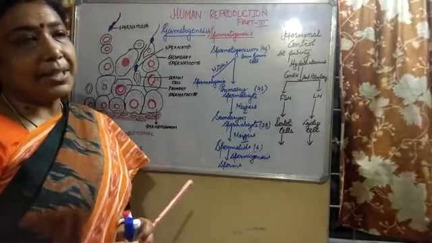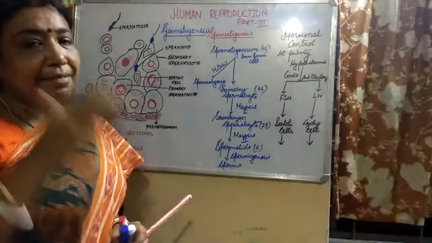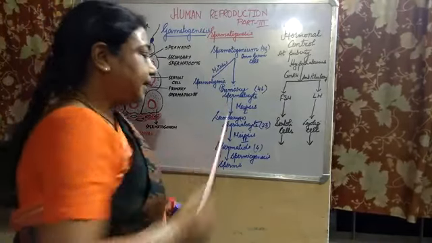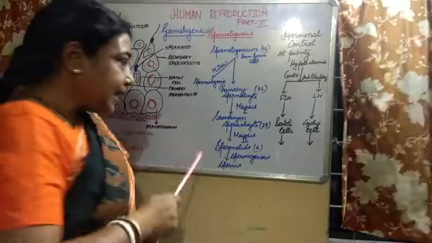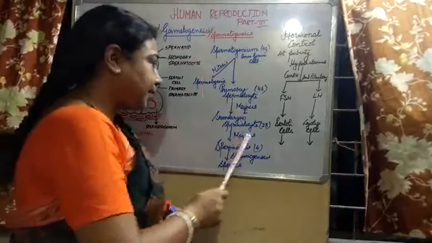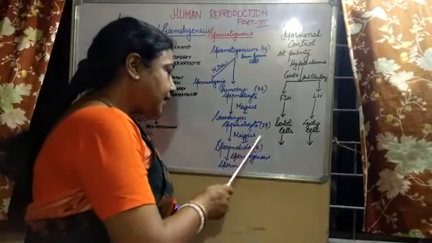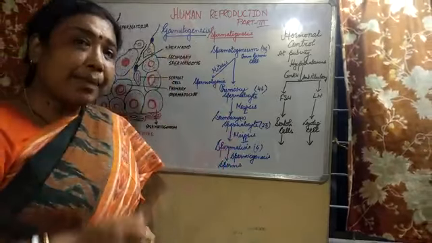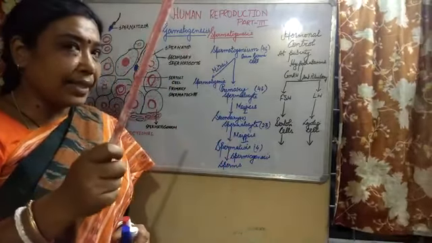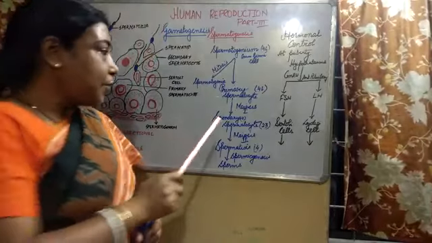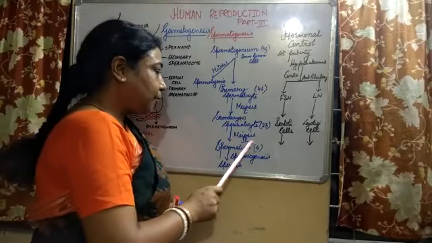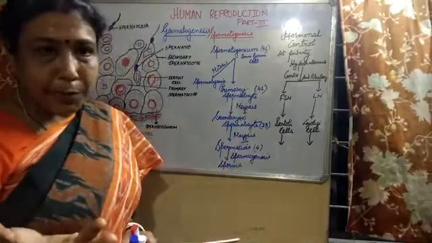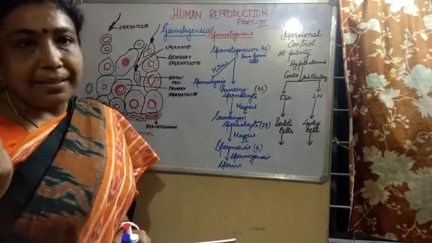And this secondary spermatocyte will have half the number of chromosomes as that of the primary spermatocyte. Now this secondary spermatocyte will undergo meiosis 2. Meiosis 1 has already been done. Now meiosis 2, and ultimately there will be formation of spermatids and then the sperm.